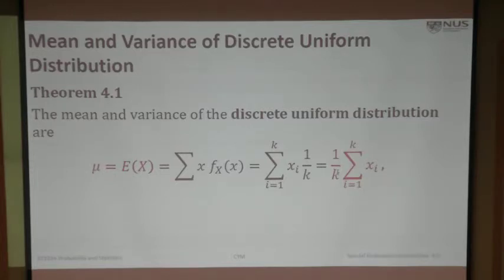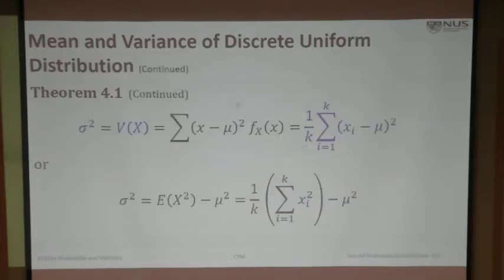This is not really a theorem, but anyway. The variance of X happens to be equal to this. It's basically X minus mu, squared. This is the definition of the variance: the expected value of X minus the mean, all squared, multiplied by this probability mass function.